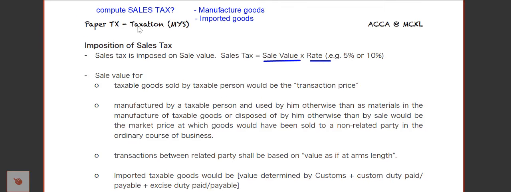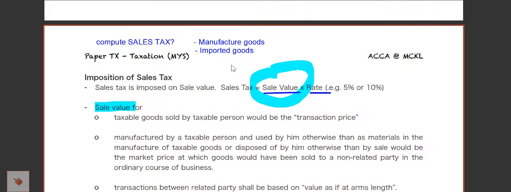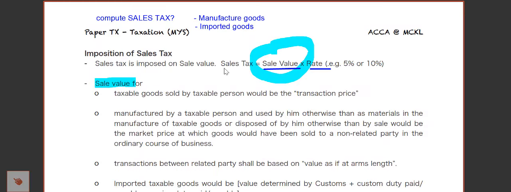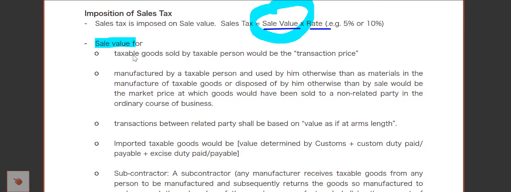Okay, so what is the sales value that we're gonna use for purpose of sales tax? Now the sales value will depends on, like we say, manufactured or imported. Okay. Now, so I'm going to run through this part with you. Okay. Basically, for taxable goods sold by taxable person, we will take the transaction price. Okay.